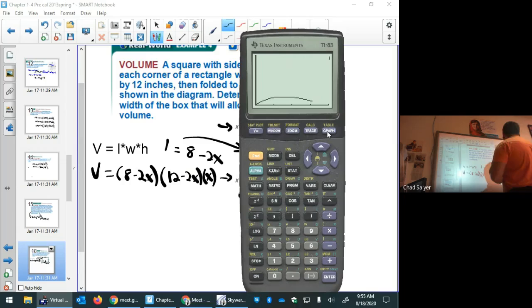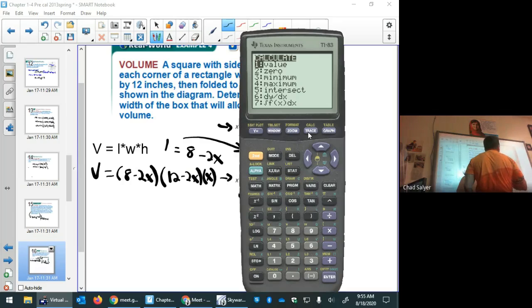We clearly got a little too much y, but we can see the maximum. So let's second trace, find 4, the maximum. Left bound, let's start about 1, and then let's stop about 3.